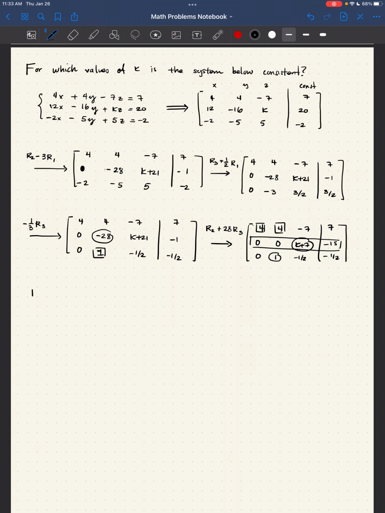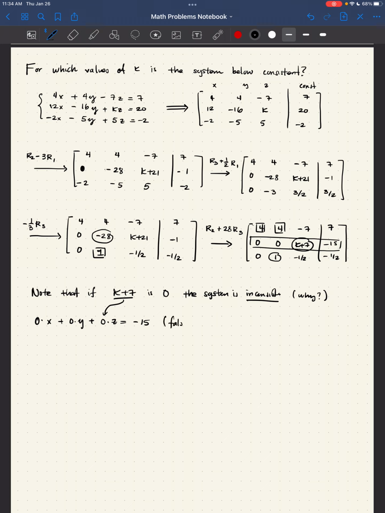Why? You may say, why is this? Well, look, you'll have something that looks like this in terms of an equation: 0 times x plus 0 times y plus 0 times z is equal to negative 15, which is impossible.